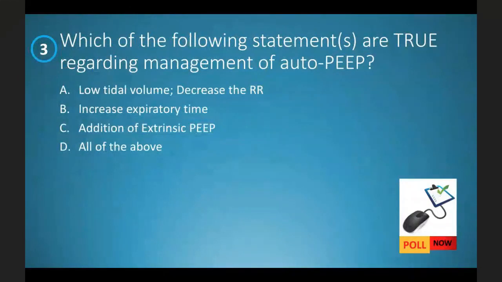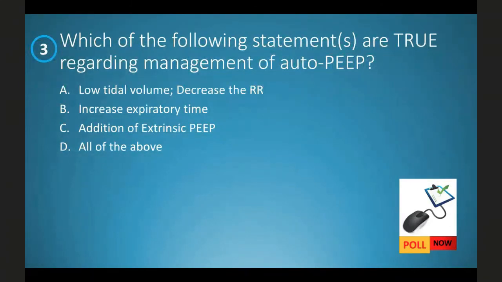Third question: which of the following statements are true regarding auto-PEEP? Low tidal volume, decreased respiratory rate. Yes, I have explained the rationale behind those. Increased expiratory time, because we have to give more time because of the inadequate emptying of the alveoli. Addition of extrinsic PEEP to an extent always helps the inspiratory effort.